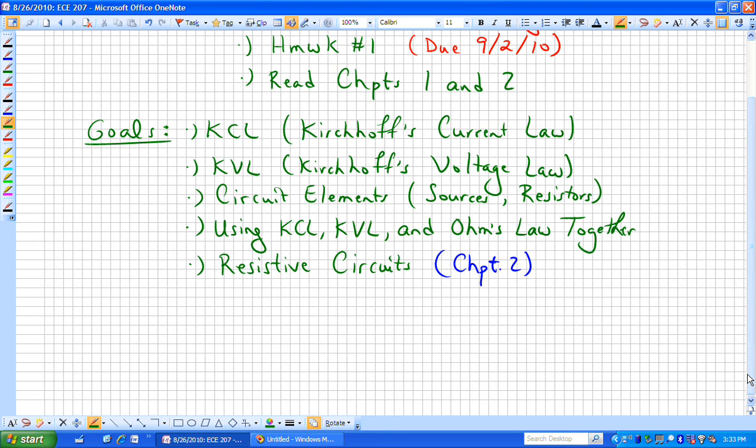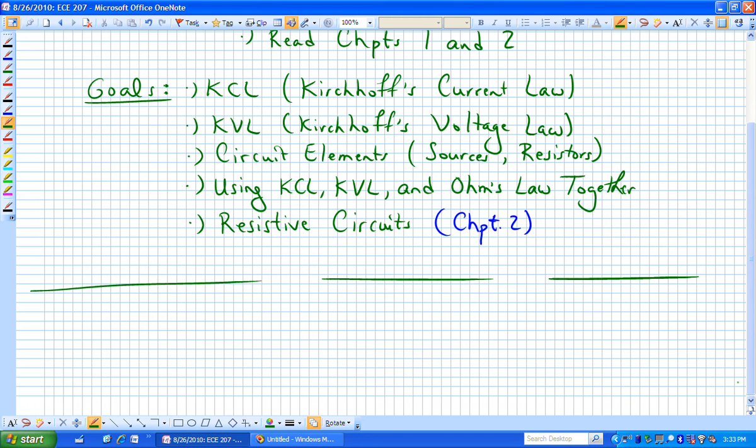Let's start with what we said we were going to do today, which is KCL and KVL. KCL, as I've written in the goals section, is Kirchhoff's Current Law.